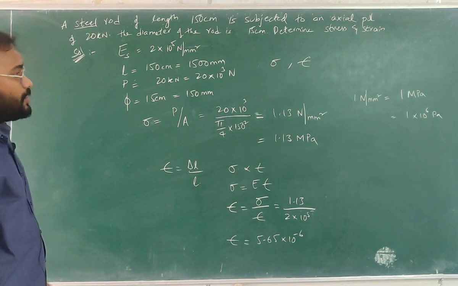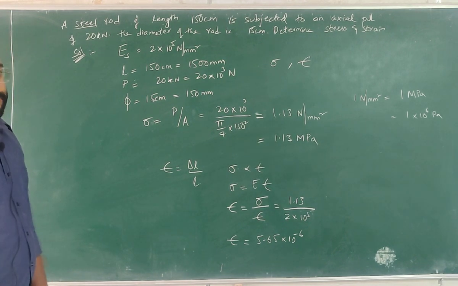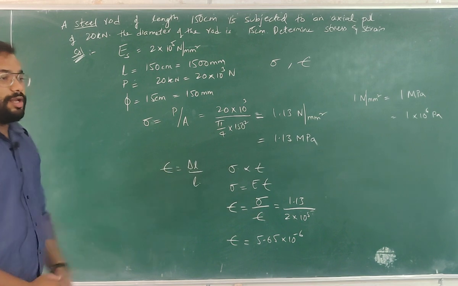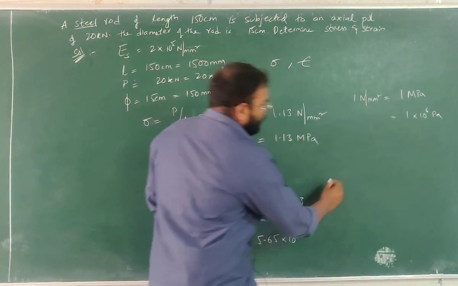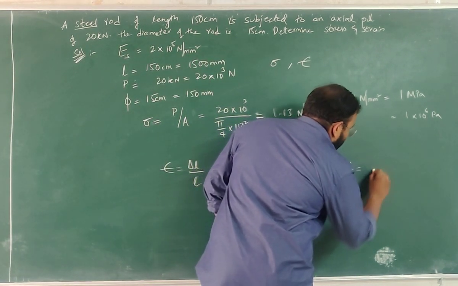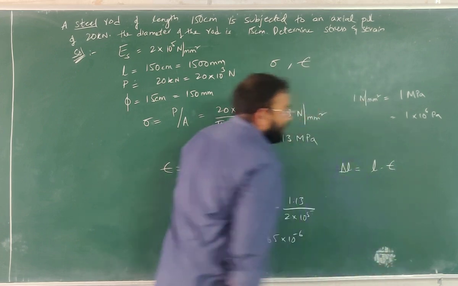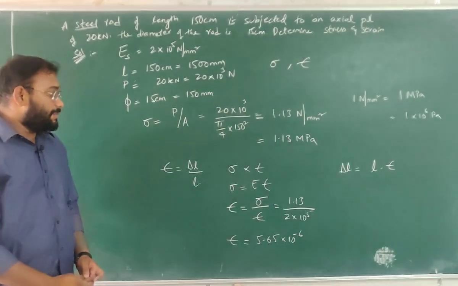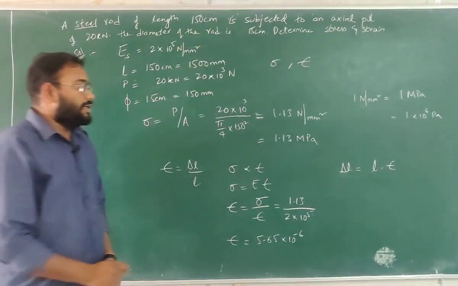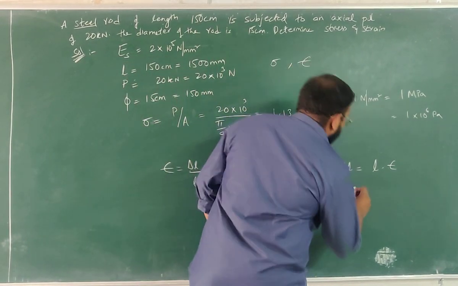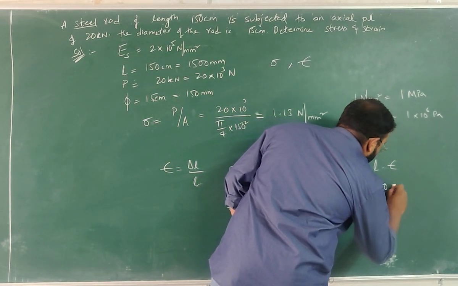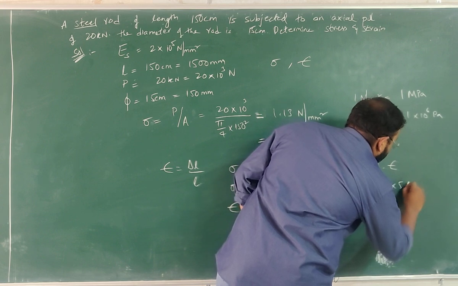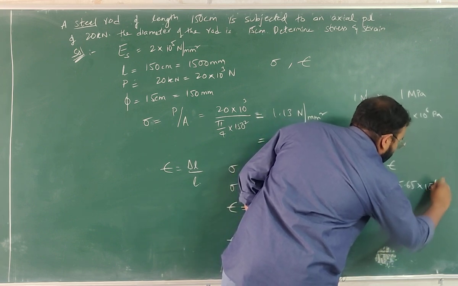Now you can also calculate the change in length. You got strain, right? So delta L will be equal to L multiplied by epsilon, not E. L is 1500 multiplied by 5.65 into 10 power minus 6.